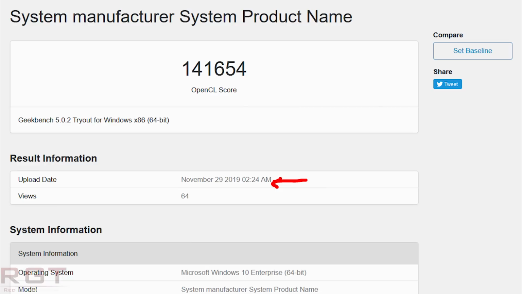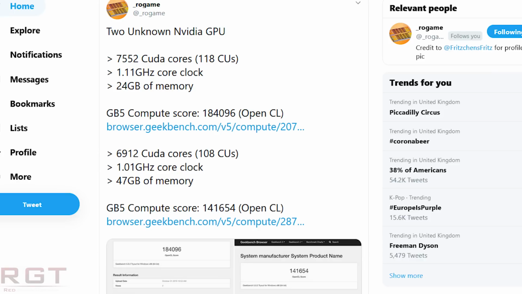But looking at the higher end part, it's 7,552 CUDA cores, which is basically 118 compute units, and they are running at 1,110 megahertz for the core clock. Although, I would stress that it's potentially possible that these clock frequencies are not being reported correctly, and of course anything that is listed as unknown you should take with a pinch of salt, as the specs may not be reported right as a general rule.